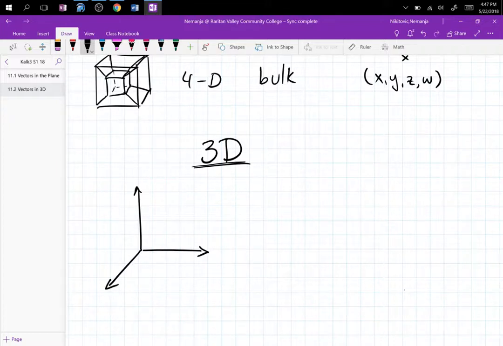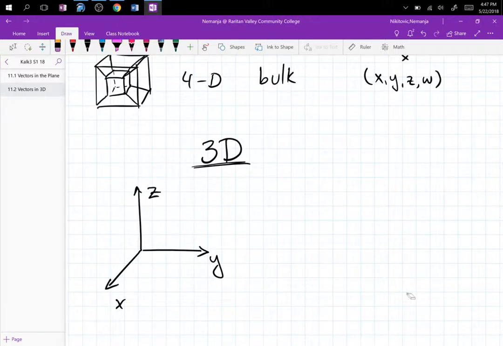We draw the coordinate system. This is one of the ways. And we label it x, y, z. Now, these are only positive axes. You have this axis go forever into negative x, and then negative y and negative z. So they would go forever.